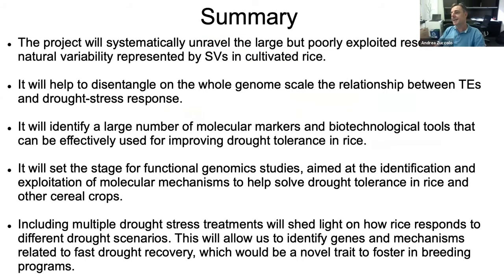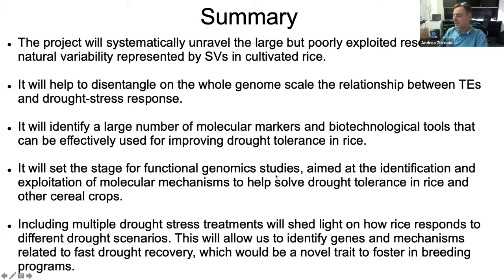So the idea is that by doing so we should be able to unravel the large but poorly exploited reserve of natural variability represented by structural variants, and we will hopefully disentangle the whole genome scale relationship between TEs and drought stress response. We will identify a large number of molecular markers that can later on be effectively used for improved drought tolerance in rice.